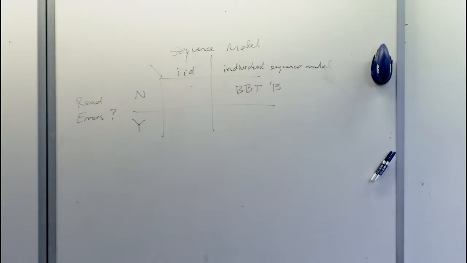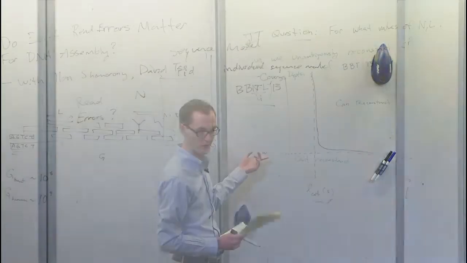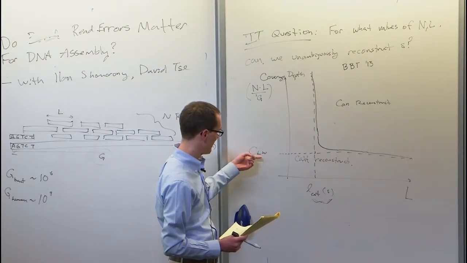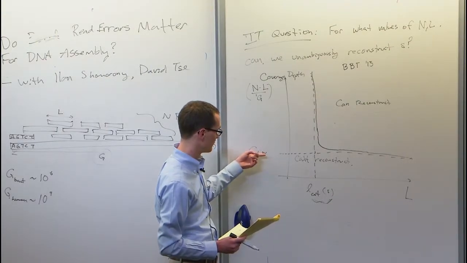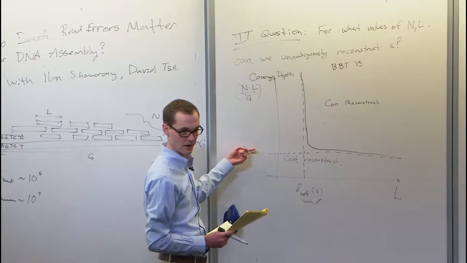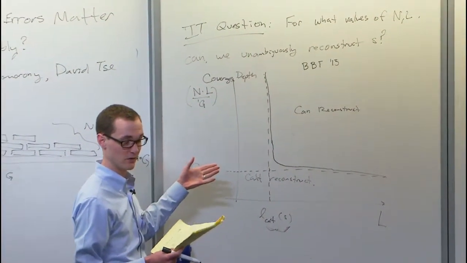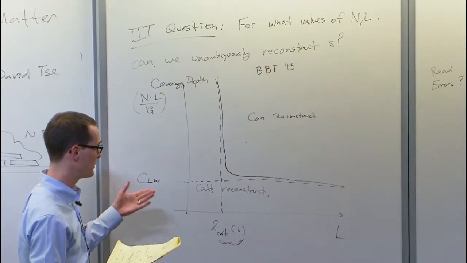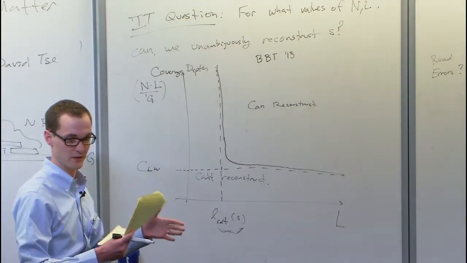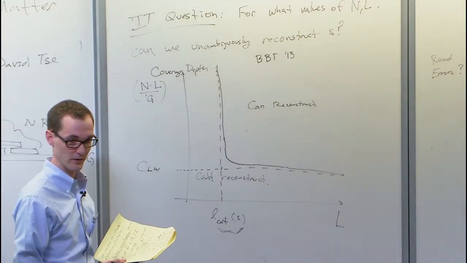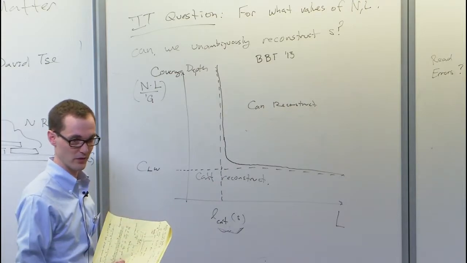And so basically you're looking at the number of reads. So this is normalized, or basically coverage depth, right? And so as long as you get a certain amount of coverage, if you take a random number of reads, then you can guarantee that a certain fraction of the sequence, or the whole sequence, will be covered with high probability.